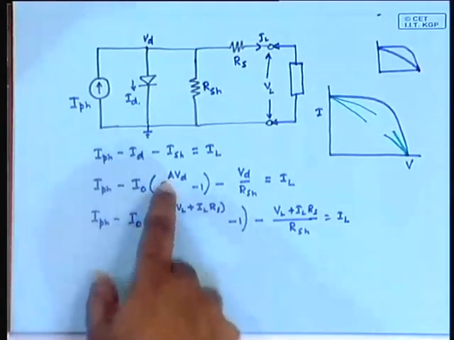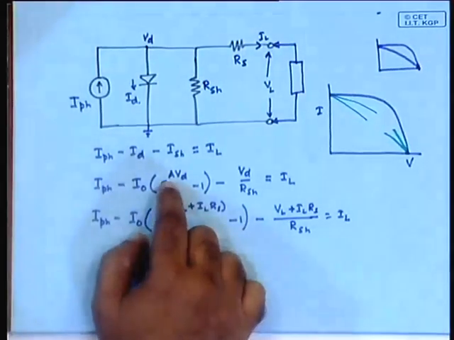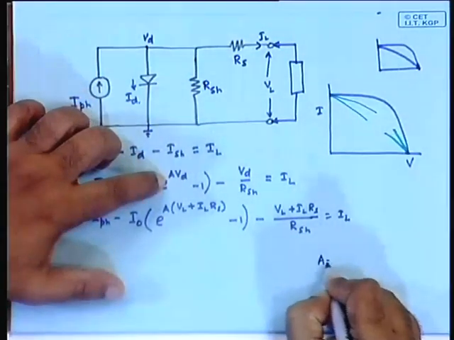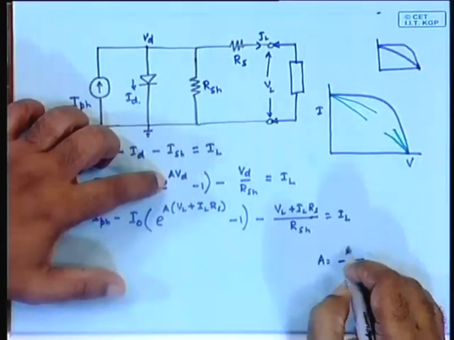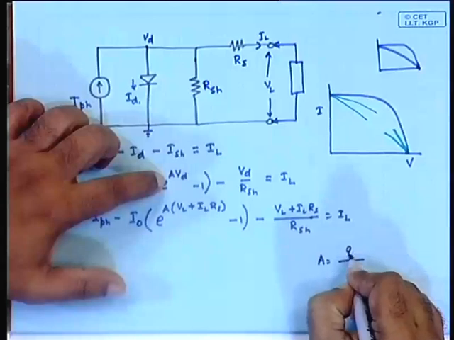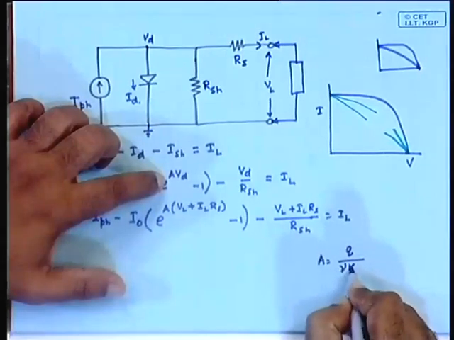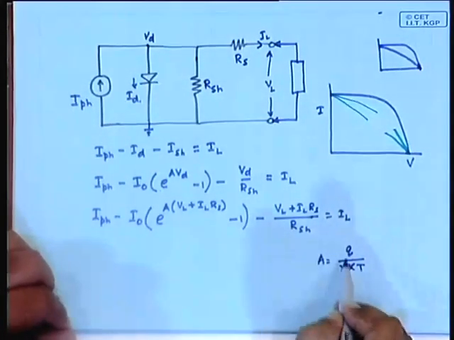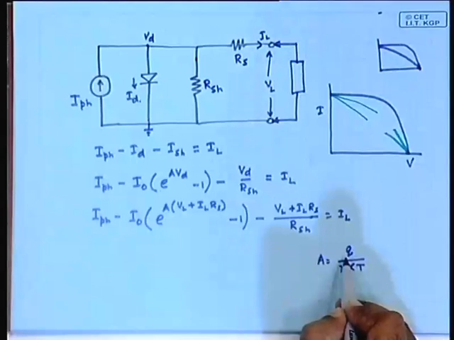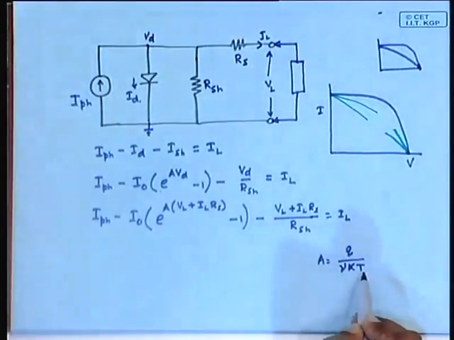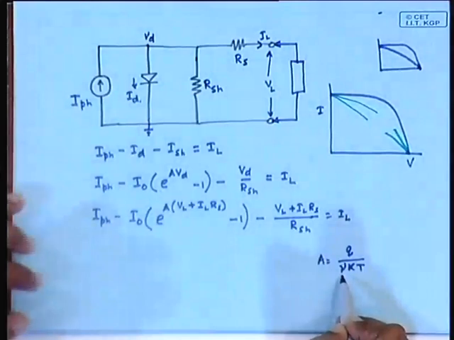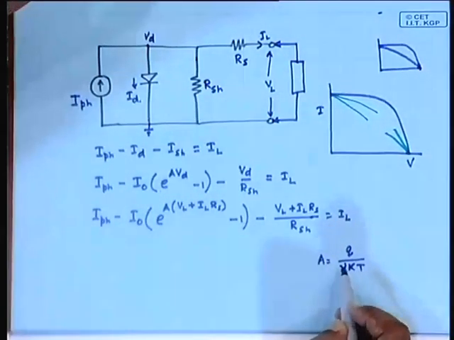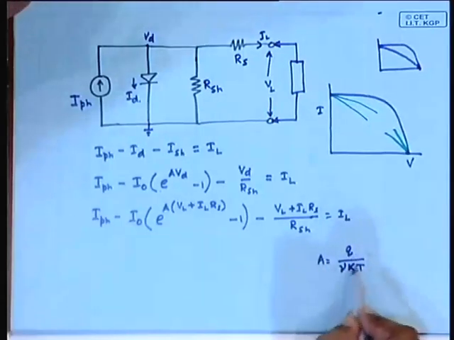By the way, in some books you will find that what was the content of this A factor? A was Q by, yes, there was these factors. Okay, out of this Q is a constant thing, K is a constant thing, T is the temperature, this is a curve fitting constant. In some books you will find that this factor is ignored, do not be confused by it. In some books you will find this is given as Q by KT.